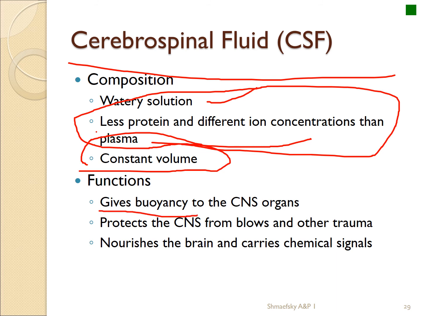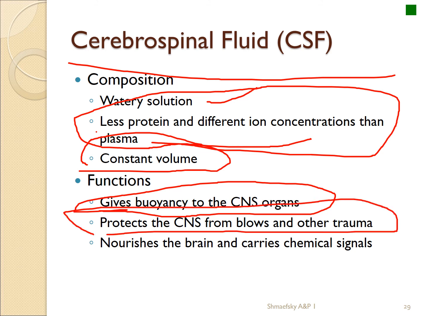What it does, it allows the brain to float in this cushion so that when you come to a very fast stop, the brain comes to a slower stop because it has this really thick watery cushion, and it prevents it also from crashing into that inner region of the skull bones. It also protects from trauma because if you hit your head, the fluid takes some of the pressure off of that blow.